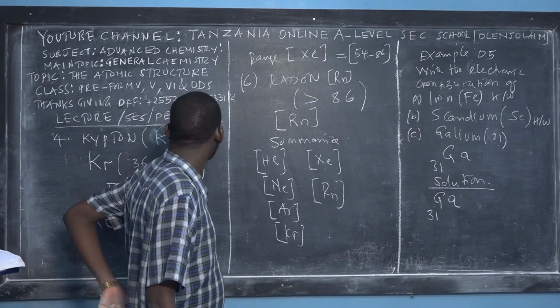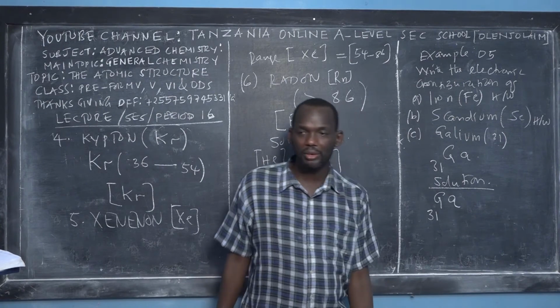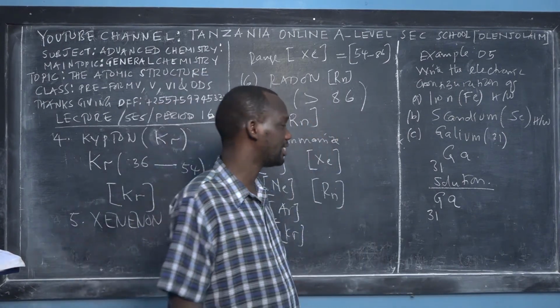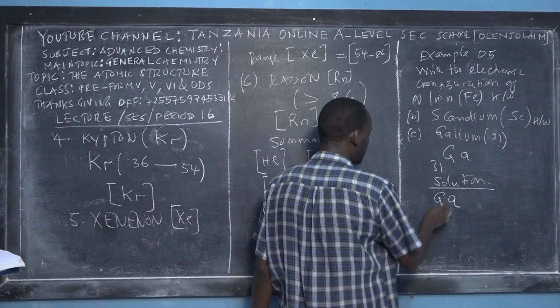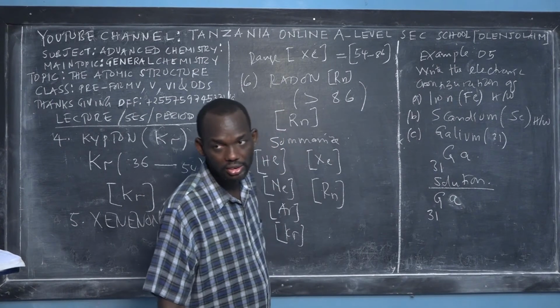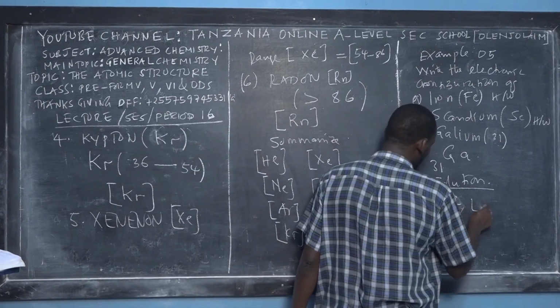According to the sequence that I've told you, the element with 31 electrons will be guided by which noble gas? Argon. Right?